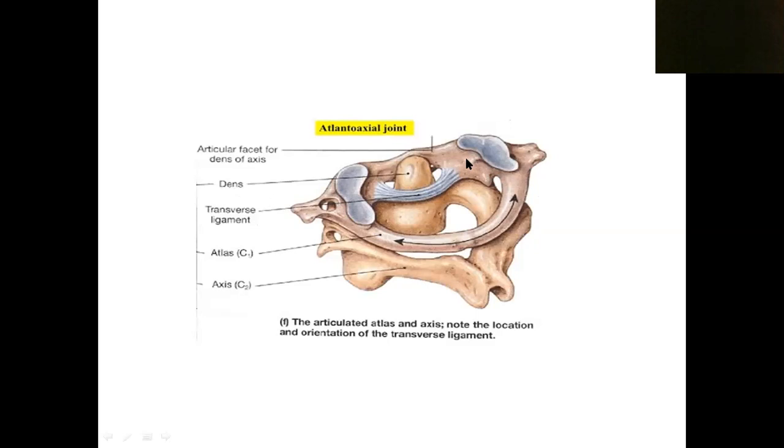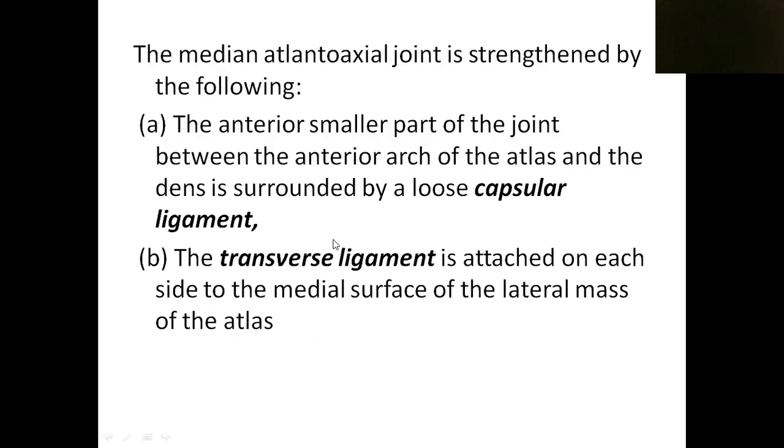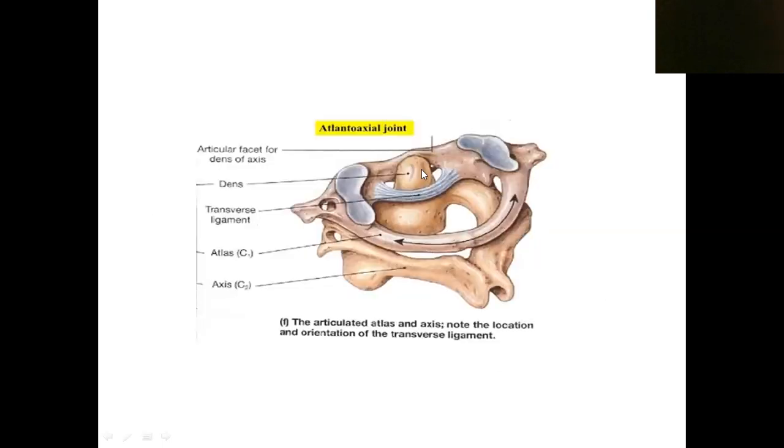So from the medial surface of this lateral mass to the medial surface of this lateral mass, this is the transverse ligament. That also supports this joint, and with this transverse ligament, this osteoligamentous ring will be formed.